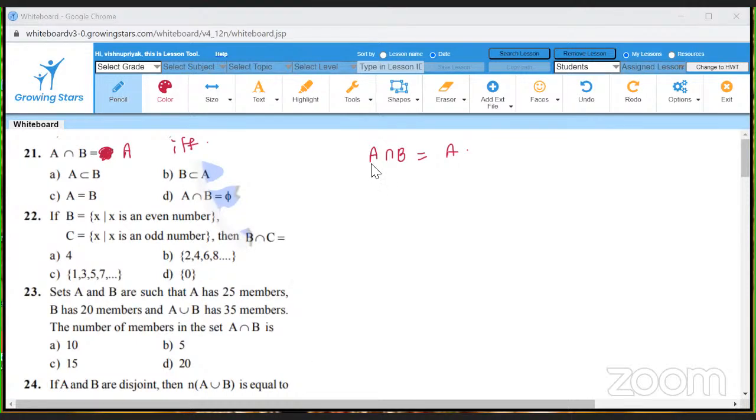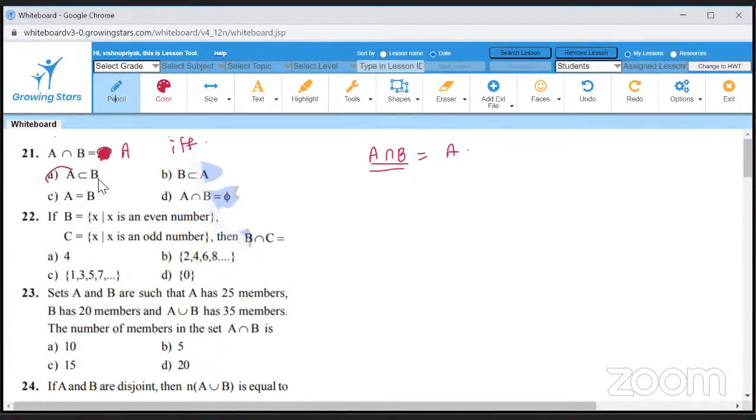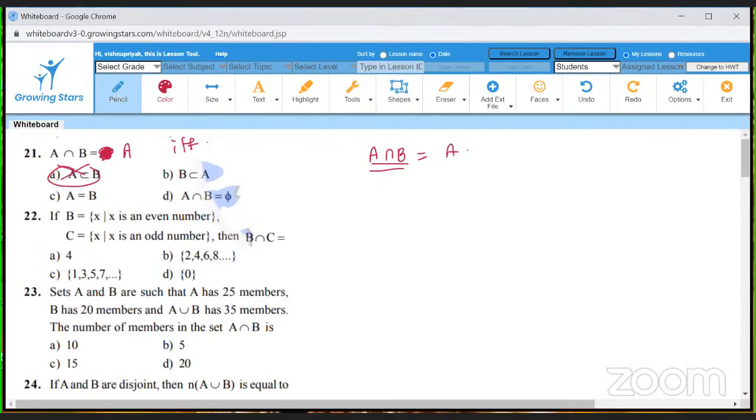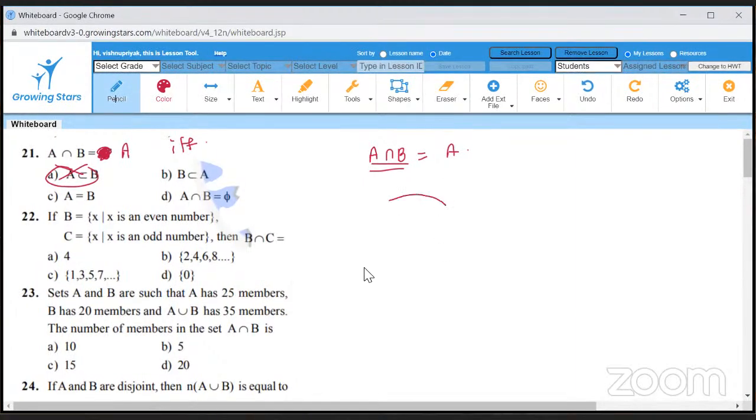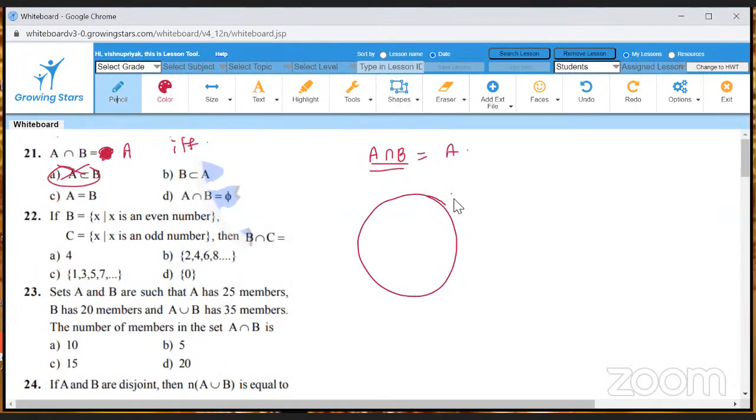The common region in both A and B is A. Oh, you are saying option A. No, option A will not be correct. I'll tell you. Common in A and B is A. Suppose if you take B, oh, you are taking option A.